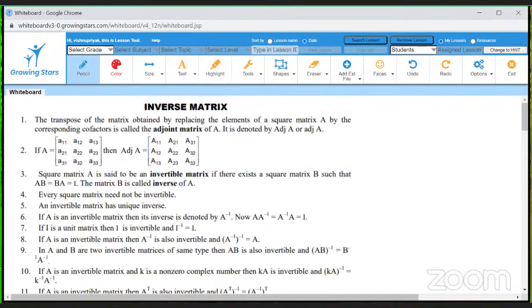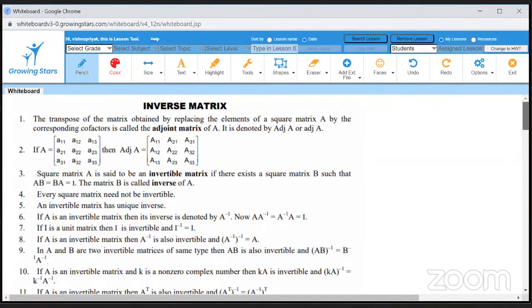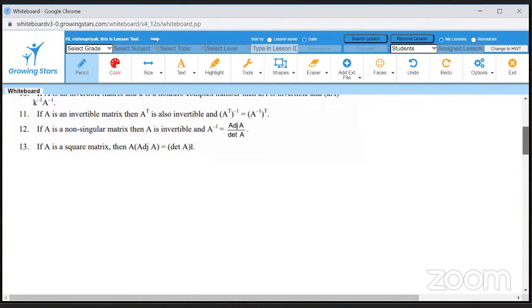Inverse matrix. Before learning inverse matrix, you must know what the cofactors are. Every element will have a cofactor. What is a cofactor?